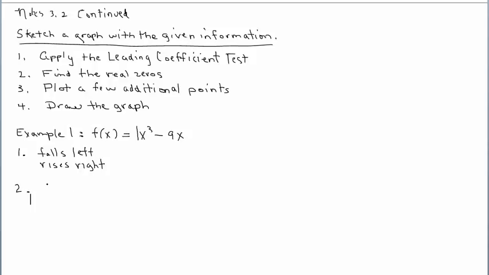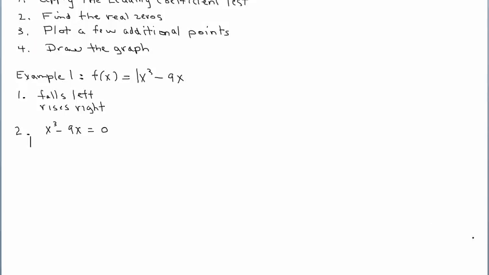Okay, let's find the real zeros. Replace y with 0. I'll trade sides. I see a common factor of x. I could factor this binomial if I wanted to, or I could just extract the roots, but I'll go ahead and factor it so we can kind of look at the multiplicity.